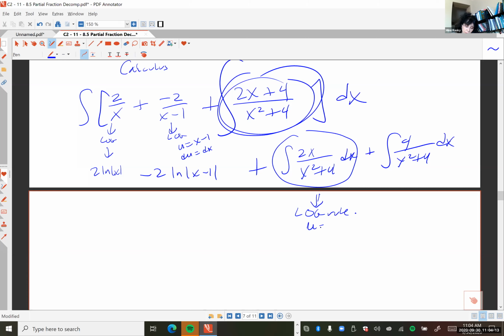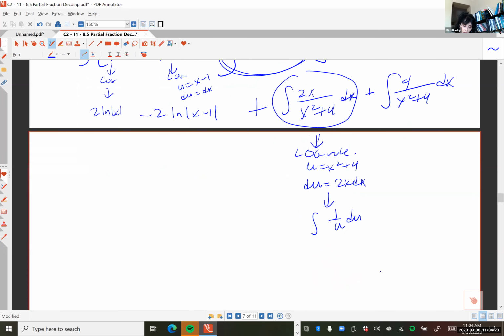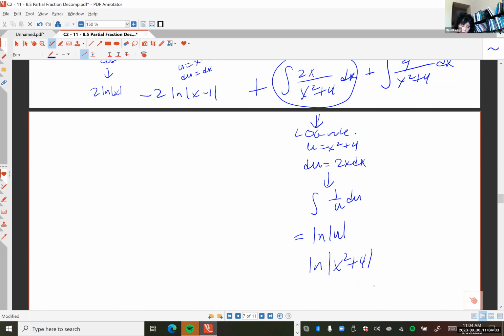Because you're going to let u be the denominator, and du is 2x dx, so the intermediate step looks like 1 over u du. That's the log rule. ln absolute value of u, and then for us that's ln absolute value of x squared plus 4. You can safely drop the absolute value because x squared plus 4 is guaranteed to be positive, or you can leave it, that's fine.